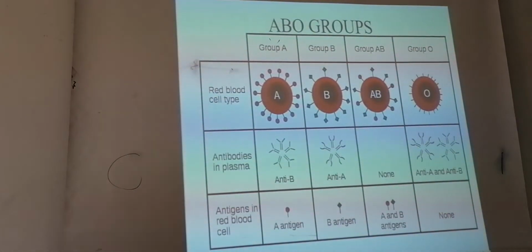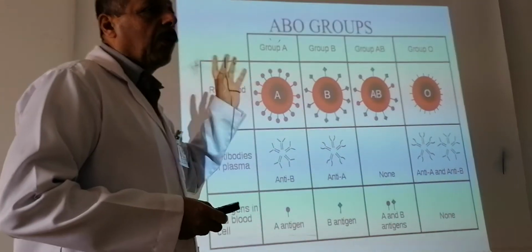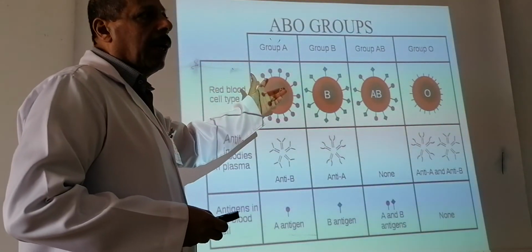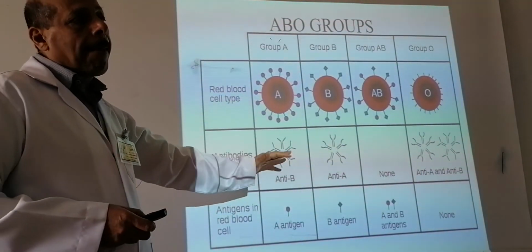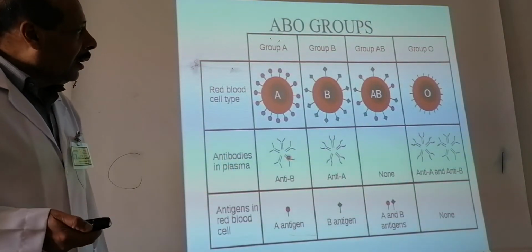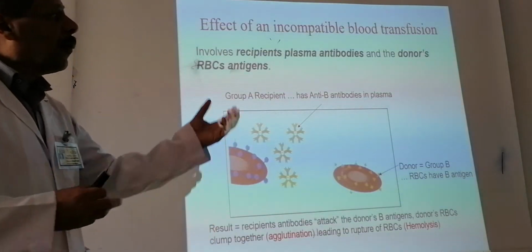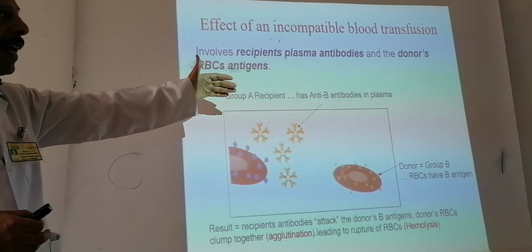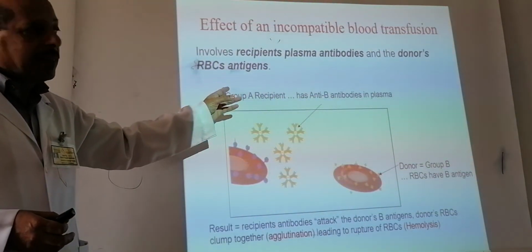So, as we mentioned in the previous session, those are the ABO groups, and the antigen is present on the red blood cells, and the antibody is present in the plasma. The effect of incompatible blood transfusion involves the recipient's plasma antibodies and the donor's red blood cells.